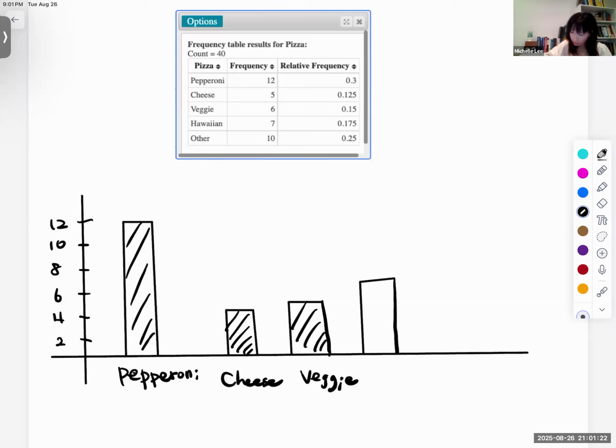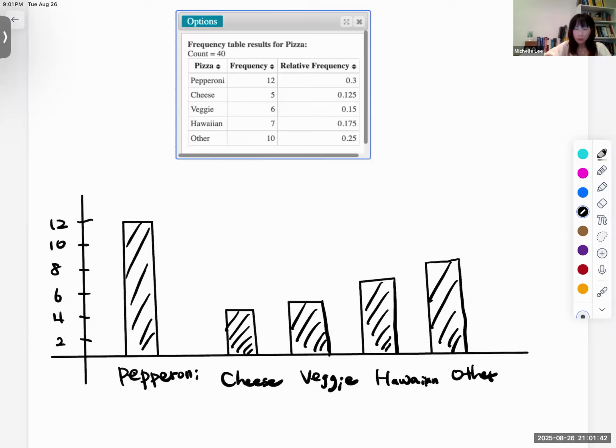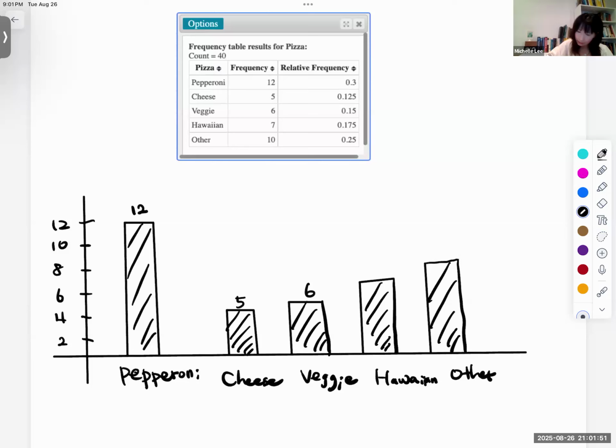Then other, 10. Okay, so if we want to put the value on the top, that's good too, right? So it's easy to see, right? So 5, 6, 7, 10, right?